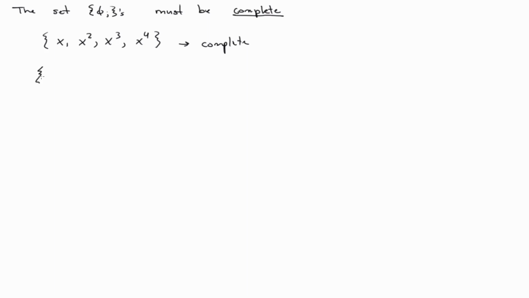In 2D, if in x and y, I have x, y, xy, x squared y, xy squared, x squared y squared, this is complete.